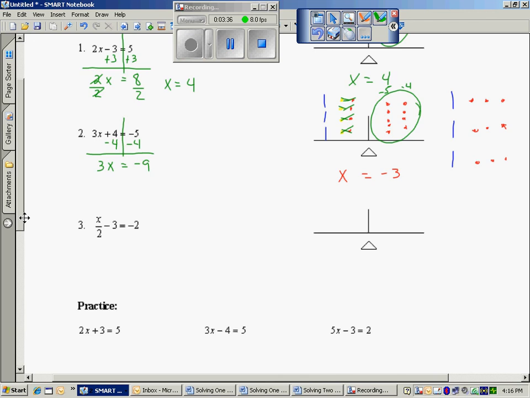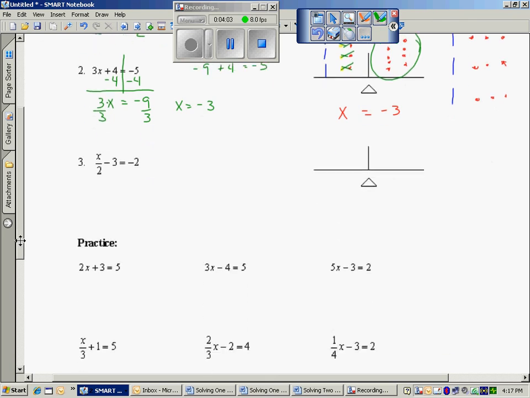Using the second inverse property, the division, which will undo this multiplication, dividing each side by 3, x is equal to negative 9 divided by 3, which is negative 3. Checking my answer, 3 times x, well, x now is negative 3, adding 4, is that equal to negative 5? Negative 9 plus 4 is equal to negative 5.